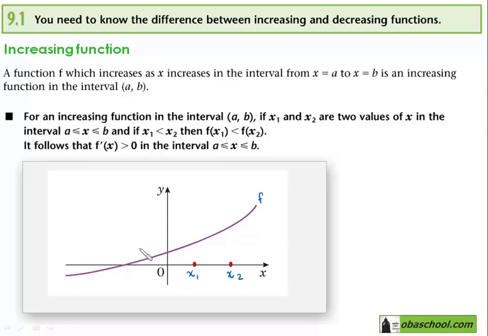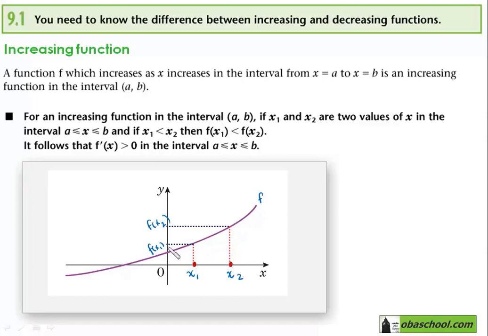Now we take the values of the function at x1 and x2. This is f of x1 and this is f of x2. Notice that f of x1 as a value is less than f of x2. Then this is an increasing function. If we take any 2 points, f of x1 will be less than f of x2.